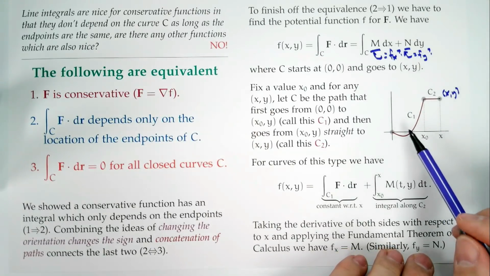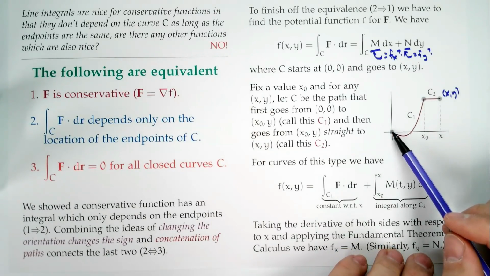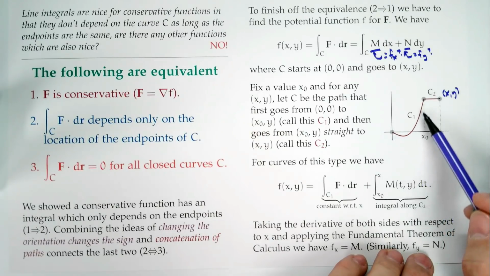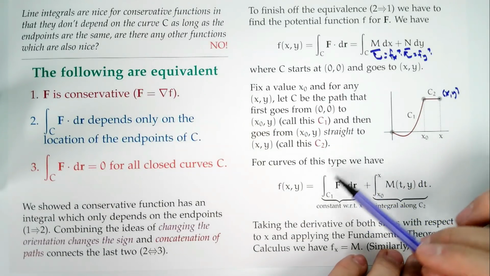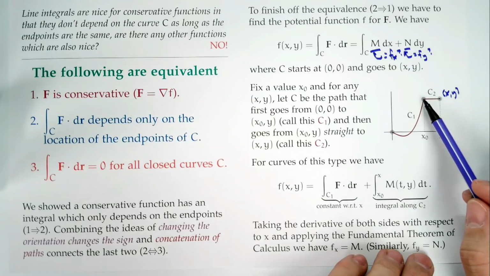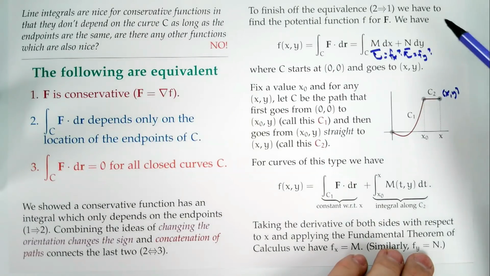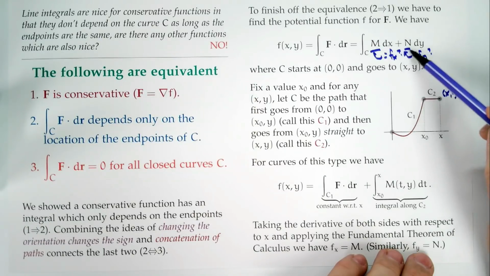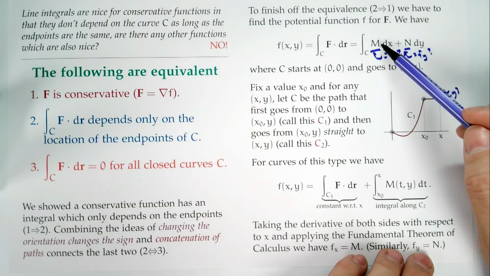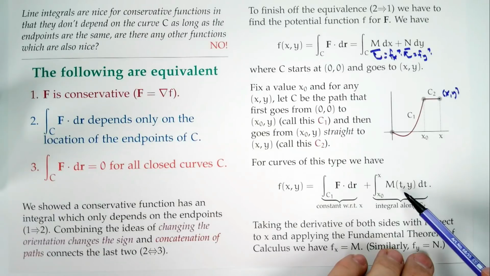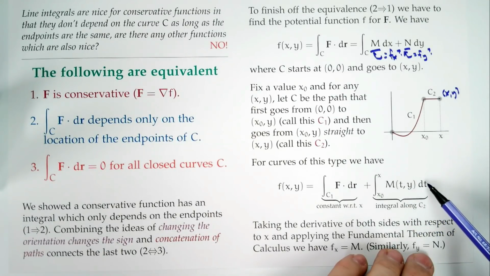Now, what's the value of the function? The value of the function is you go along C1, so that's the first piece, plus you move along C2. We use the parameterization. There's no y change, so n dy goes away. So then we have m, but we use the parameterization t, y, and dx will become 1 dt, so that's where the dt comes from.